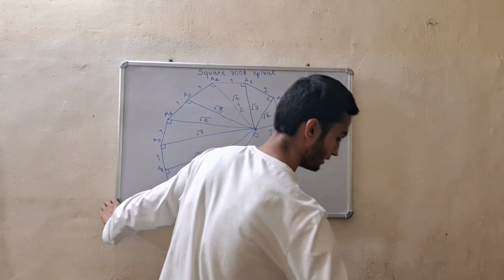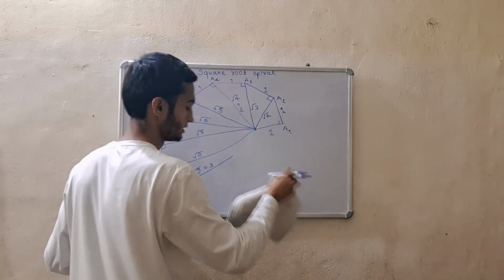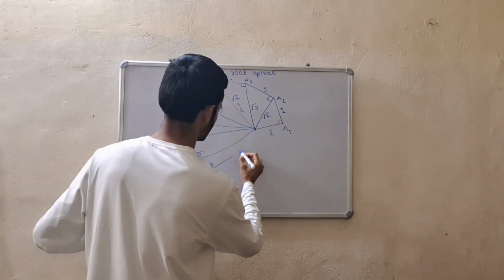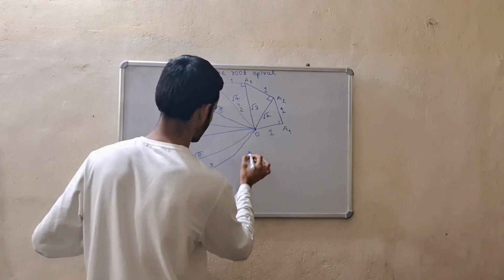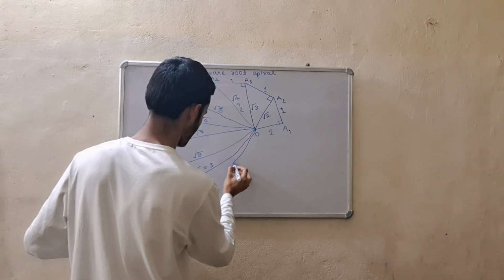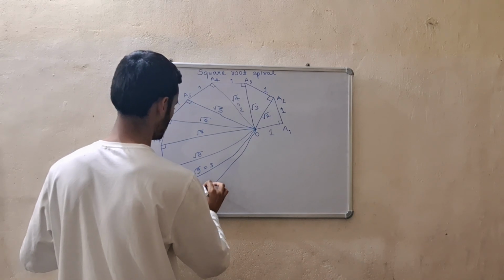So I will have to erase it and adjust. So it will be square root of 10.